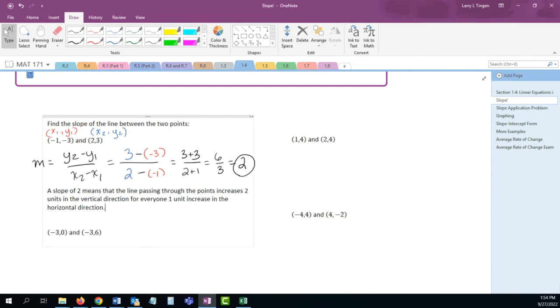In other words, y changes 2 units, x changes 1 unit.